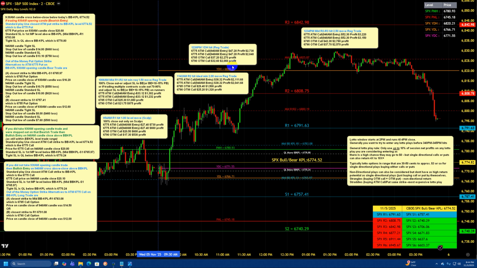For periods of extreme volatility, the V2.0 indicator does have the ability in the user control panel to turn on levels above R6 and levels below S6, so it can go all the way to R10 and S10. So that's built in for extreme volatility if we ever see that sort of situation again.